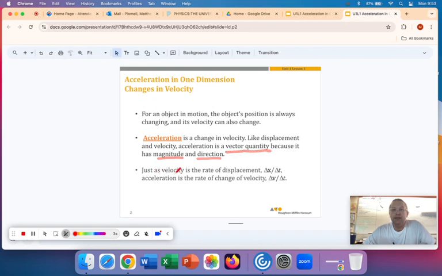Just as velocity is the rate of displacement, we would say delta x divided by delta t. We use this triangle in science equations to just say that something changed. There was a change there.